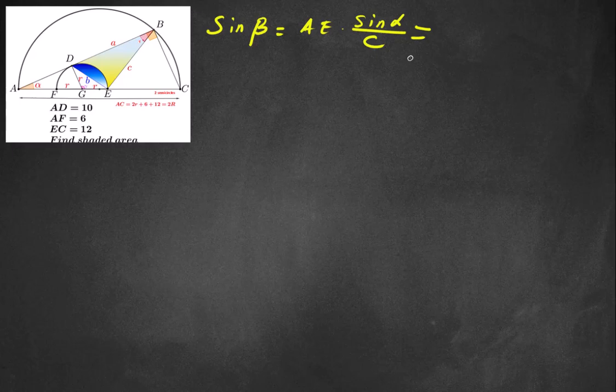So for sine beta, we can just plug in these values. That is equal to AE, which is 50 over 3, times sine alpha. Sine alpha is 8 over 17, times 1 over C. We found C is 13.176, and all the values you would see there.